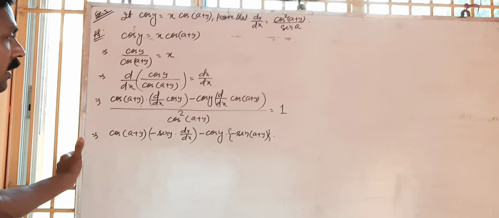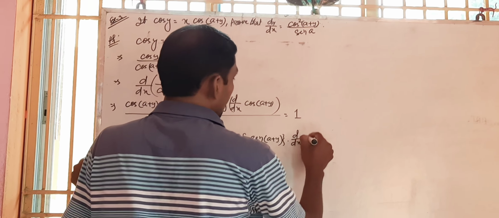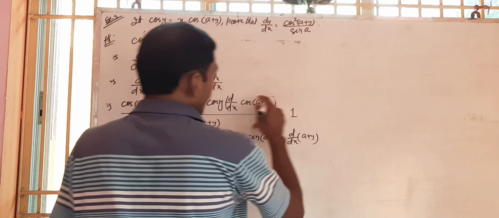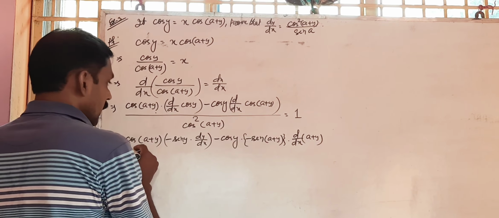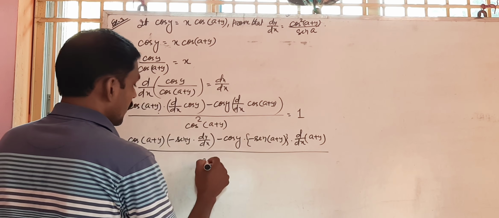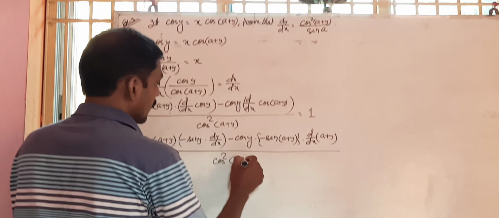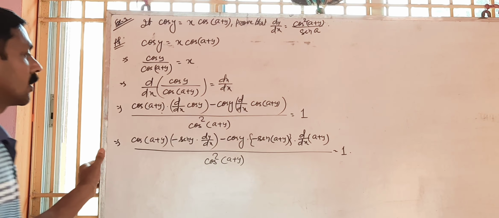Into again chain rule, derivative of a plus y with respect to x, whole divided by cos square a plus y equal to 1.